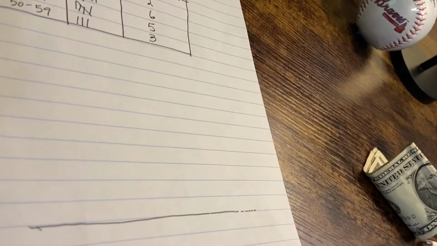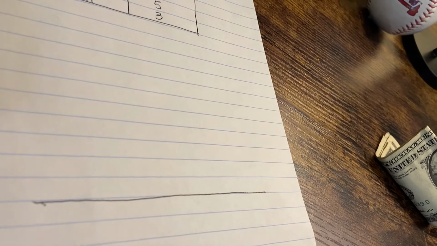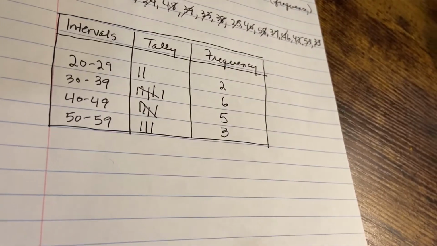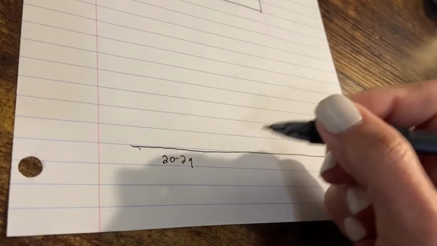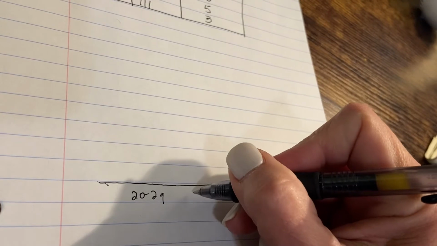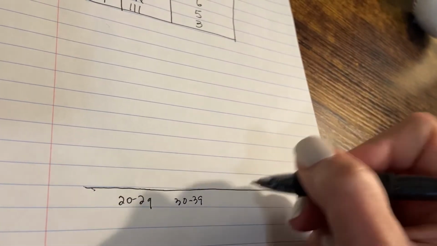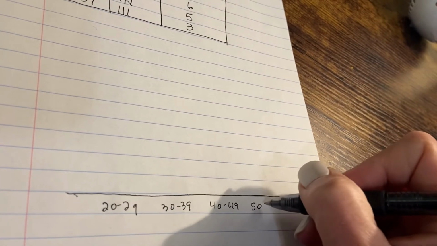On the horizontal axis, I will place the groupings, or my classes or intervals. So I will do a 20 to 29-year-old grouping, a 30 to 39, 40 to 49, and 50 to 59.